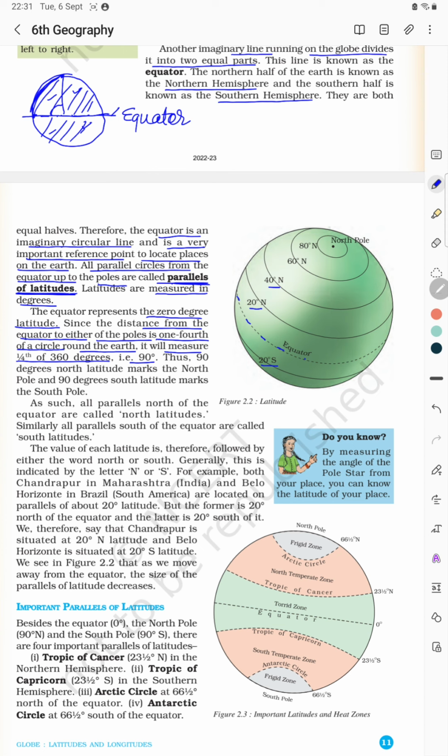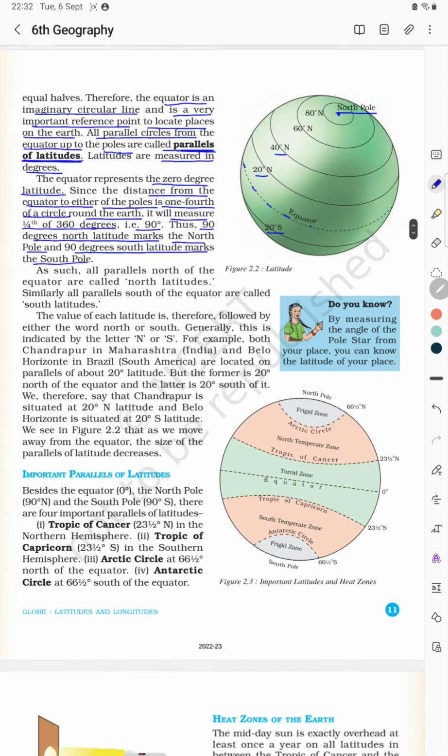So 90 degrees north latitude marks the north pole, and 90 degrees south latitude marks the south pole. All parallels north of the equator are called north latitudes.